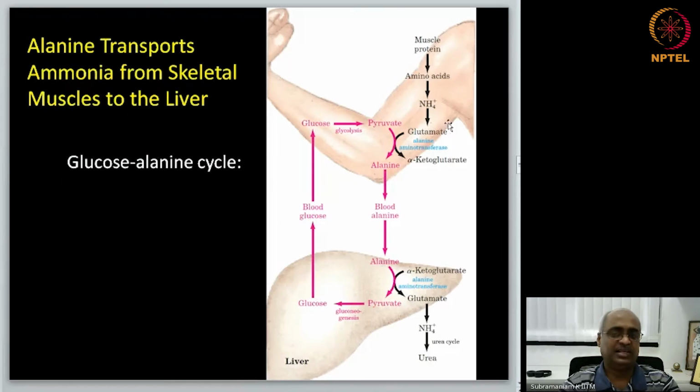For example, glutamate is continuously consumed to produce alanine, and this cycle operates. This is the operation that transports the amino group from muscle to liver.